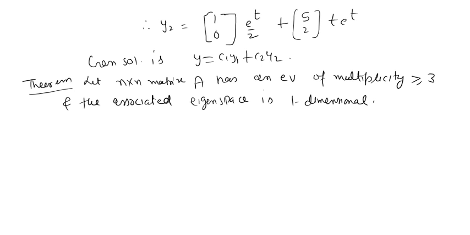Okay, so this means that all eigenvectors associated with lambda 1 are scalar multiples of eigenvector x.